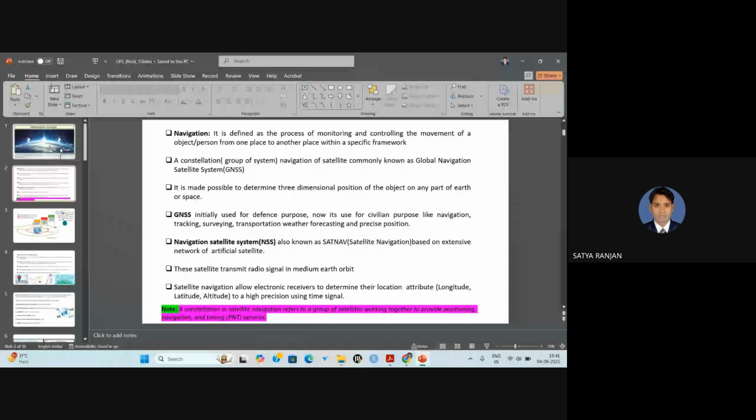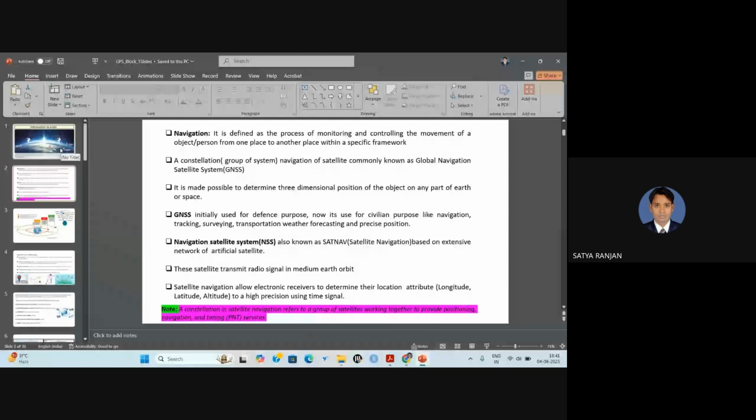So इसके लिए क्या होता है कि suppose in GPS there are 24 satellites for covering the whole world. Then Galileo system is there. Then GLONASS. So all systems have a group of satellites that covers in the global coverage or regional coverage. So this system is called constellation.